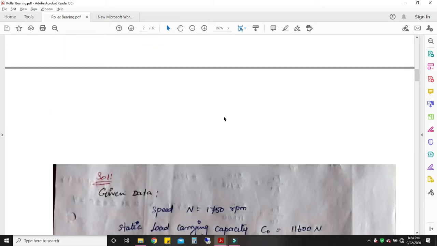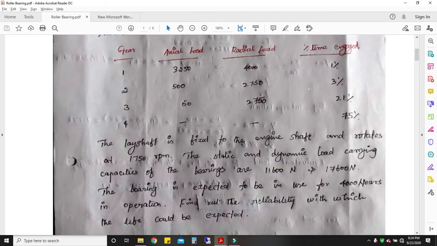As I said, in the problem statement the percentage time engagement is given for each gear, and we have to find out the fraction of speed for each and every gear.